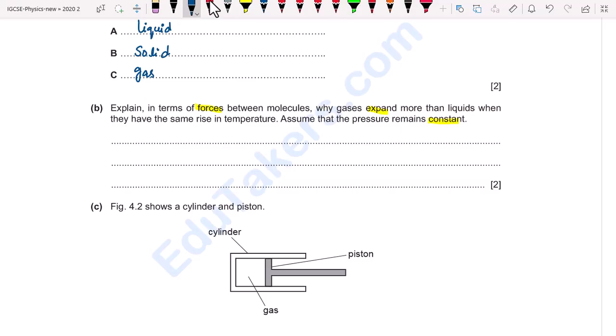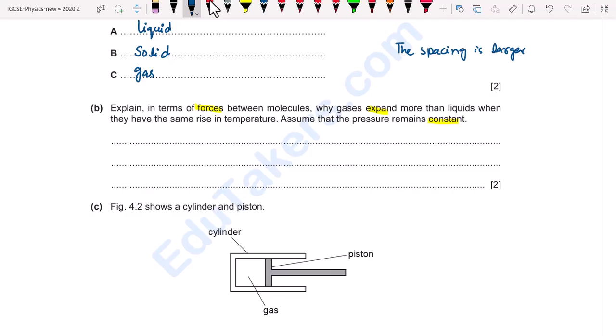It is because that the molecules of gas are very apart from each other. The spacing is larger for gas molecules and the attractive forces between them must be very small.